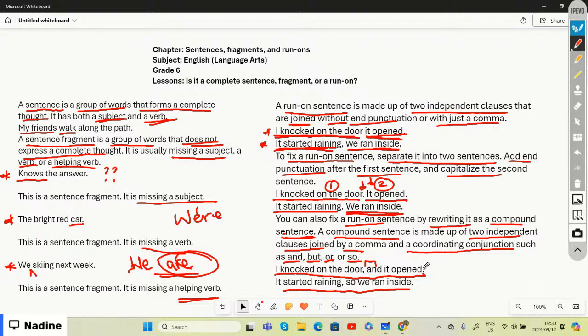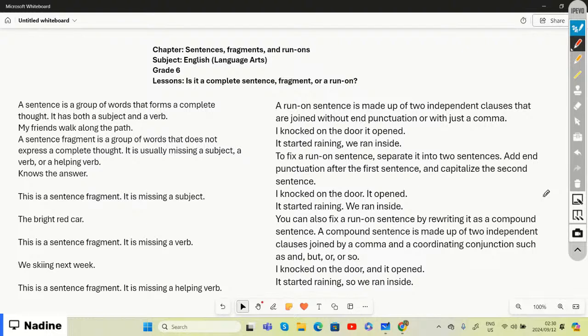All right, so that is sentences, fragments, and run-ons. We said a sentence is a group of words that forms a complete thought. It has a subject and a verb. A sentence fragment does not express a complete thought. It's either missing a subject, missing a verb, or missing a helping verb. And then we have a run-on sentence, which is made up of two independent clauses joined without end punctuation, or joined with just a comma.